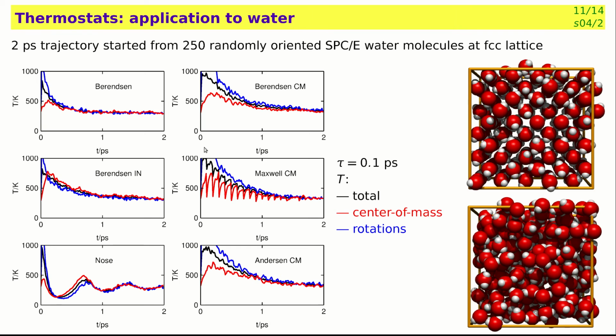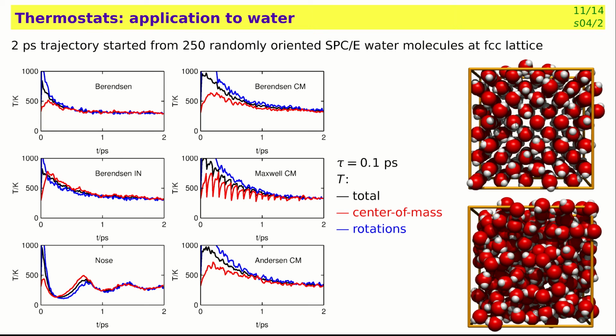Here is an example of application of thermostats to water. I took 250 randomly oriented water molecules and ran a simulation with different thermostats. The starting system was such a lattice. It's not a crystal of ice.